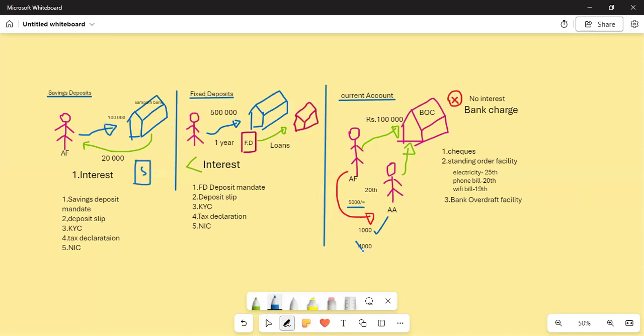What shall we do? Then I give an order to the bank, telling it: dear bank, I have a current account and I have the bank overdraft facility. Please pay that 4,000. On the 22nd, I will put that money into the bank.